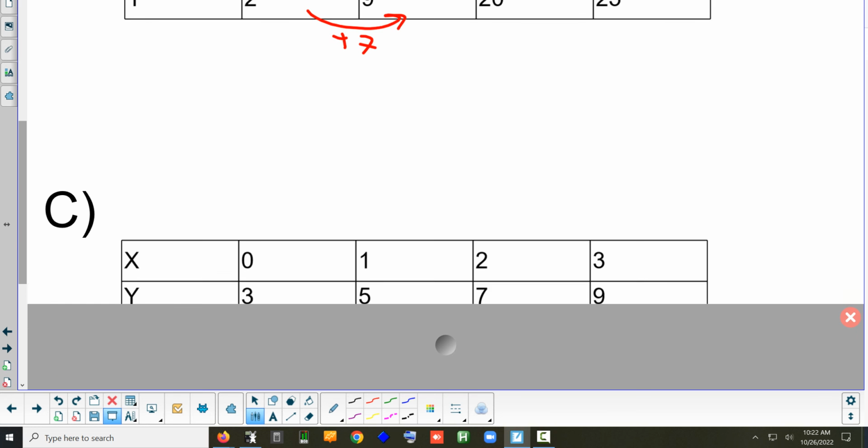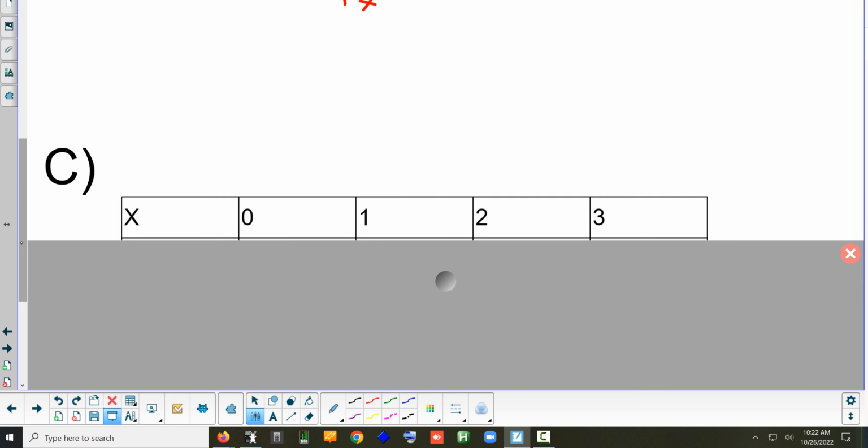All right, let's look at this one. All right, C. First of all, without any more information, can you answer whether or not this table is a function? Yes, you can.